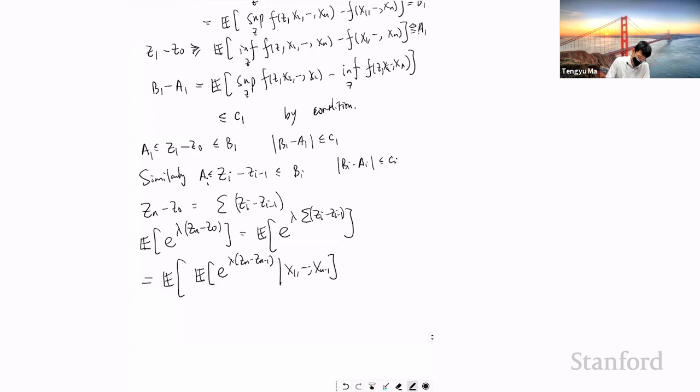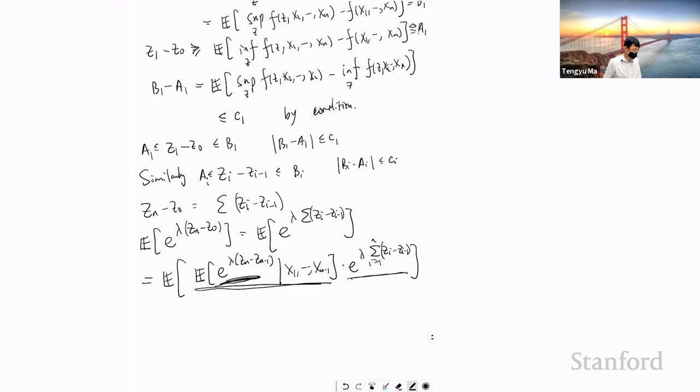When you condition on it, the rest of the terms are a function of x1 up to xn minus 1, and this one is a function of xn.